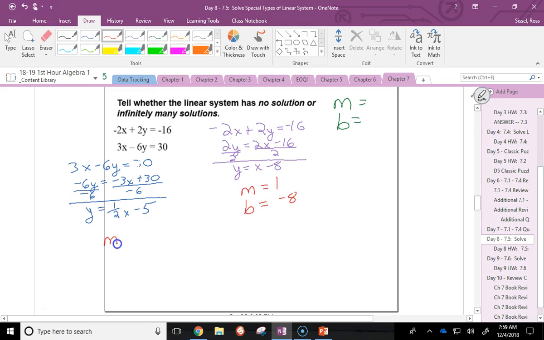On this one, my slope was 1/2, and I'd have a -5. So, how many solutions do we feel like we are going to have on this one? Yeah, and Tim said the same thing.